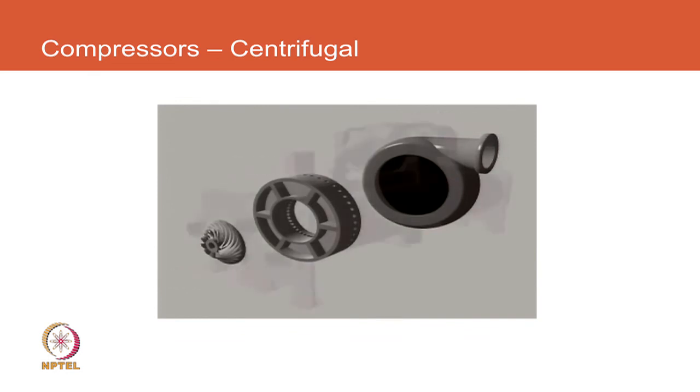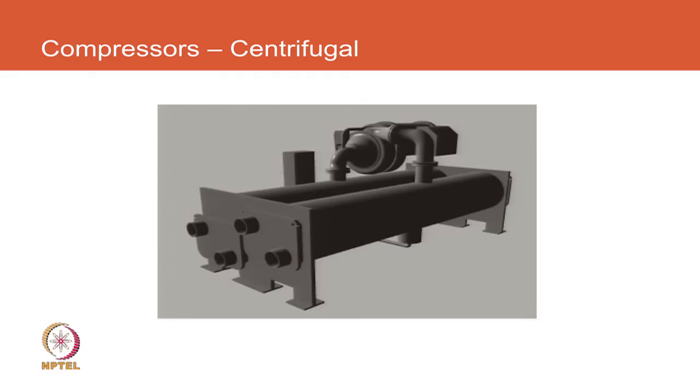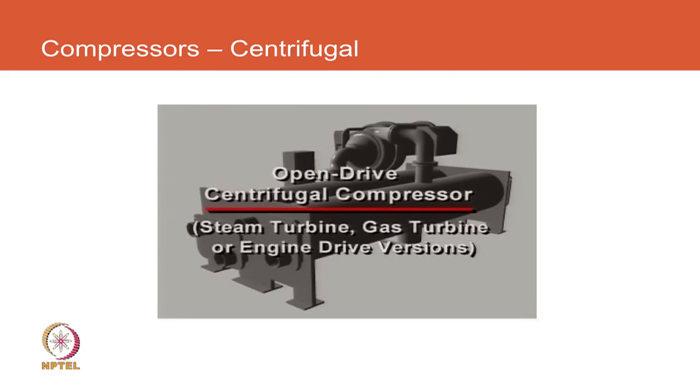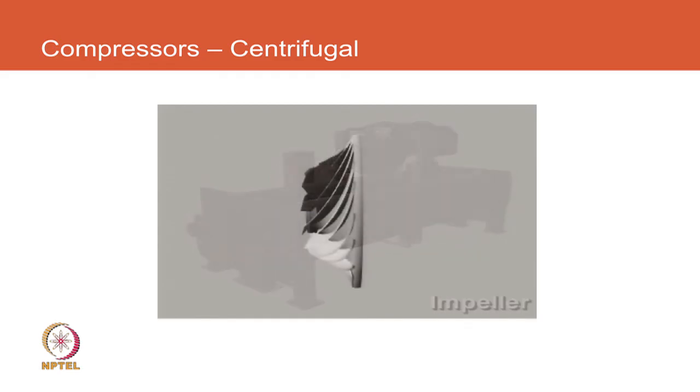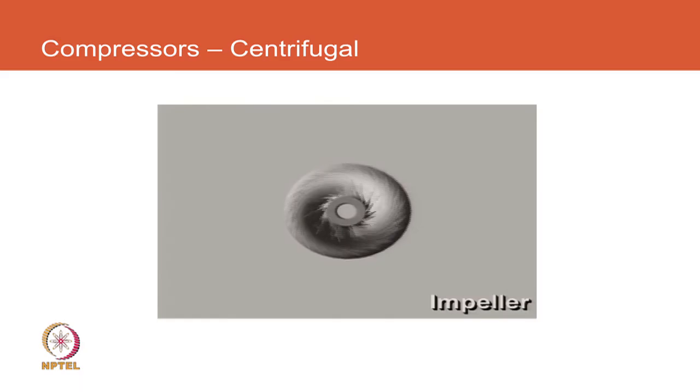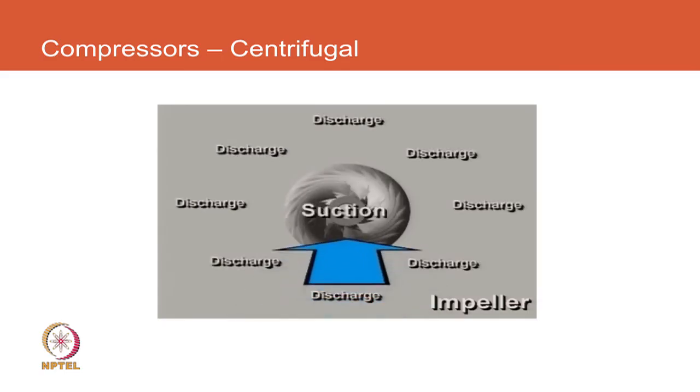Now this refrigerant at high velocity by itself is not refrigerant at high pressure. So we need some means of translating this kinetic energy into static pressure, and that is done by expanding it. So allowing for an area in the volute where the gas expands and gains static pressure. So the kinetic energy gets translated into static. So we get static pressure.